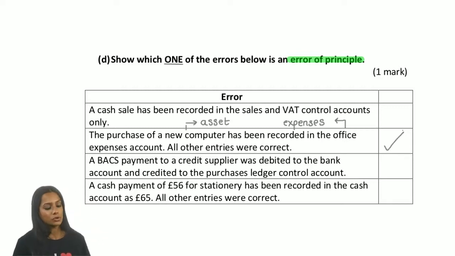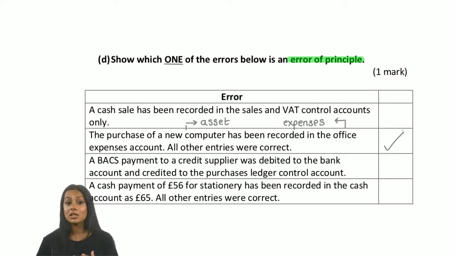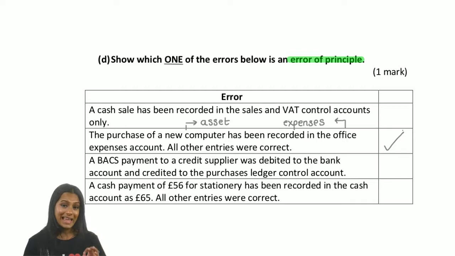But according to the examiner's report, many students mix up the error of principle with the error of commission. The error of commission is where you've chosen the correct account classification, but you've entered the transaction in the wrong account. An example would be, let's say I wish to pay for my rental expense for this period. So I should be debiting rent, crediting bank.